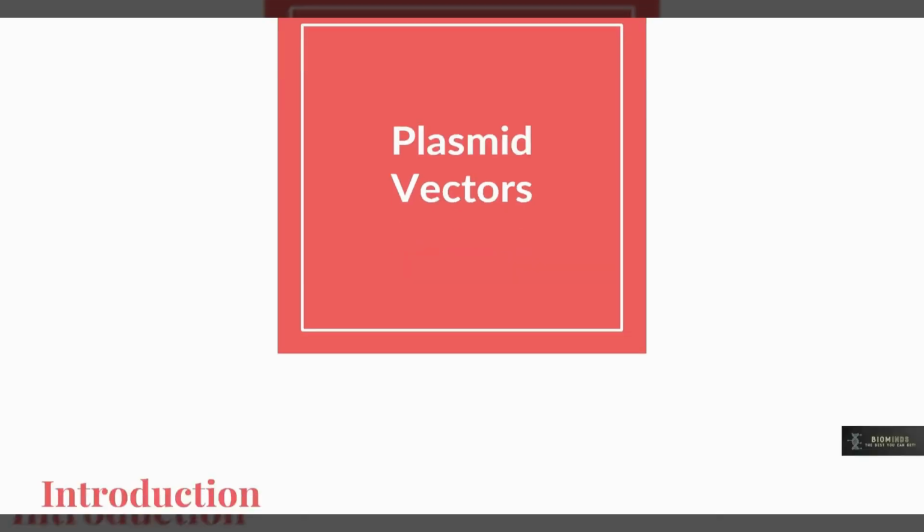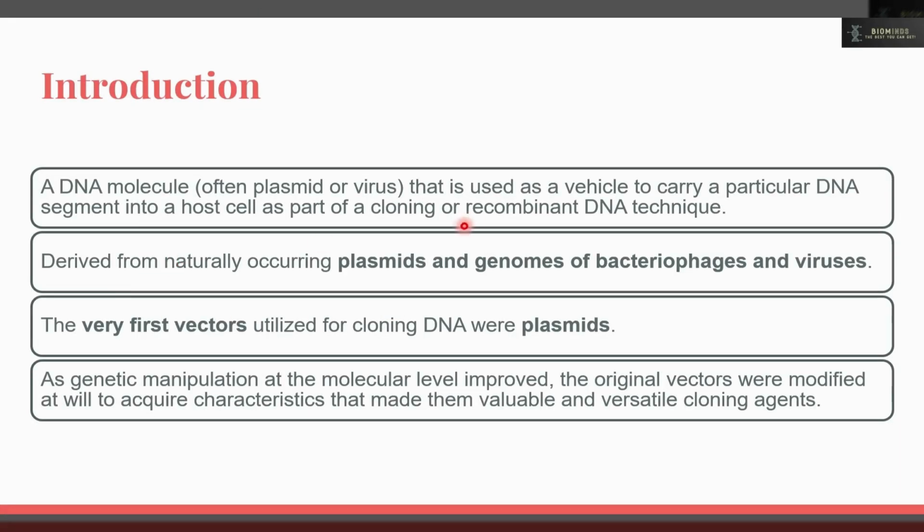There are so many different vectors. The vector is nothing but a DNA molecule. It is a DNA sequence that is used as a vehicle, from the host cell to the cloning or recombinant DNA technique.